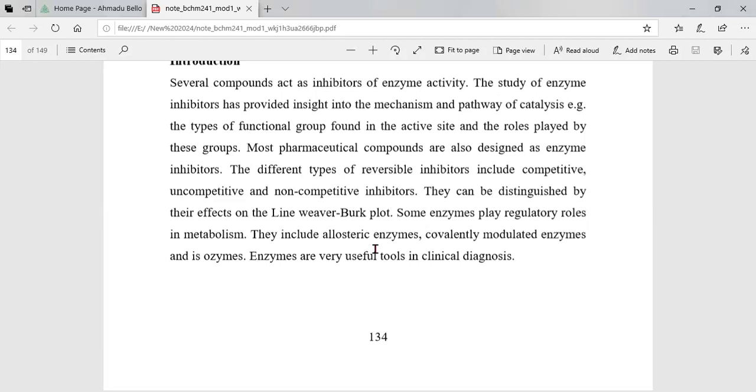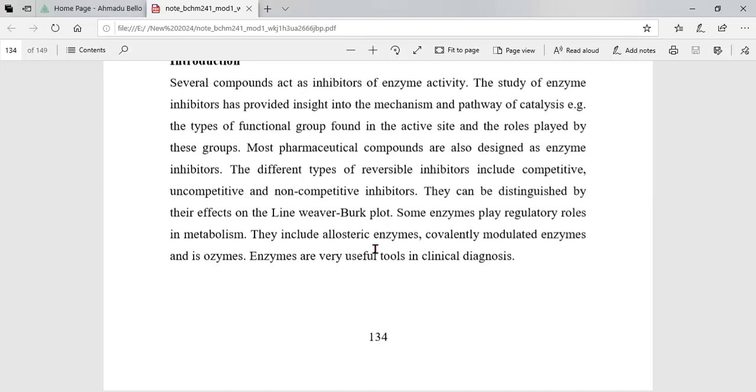The majority of these enzymes are protein in nature, and they have what we call an active site, which is where catalysis occurs. In the active site, there may be a group of amino acids that come together to form it, and that is where the process of converting the substrate to product actually takes place.